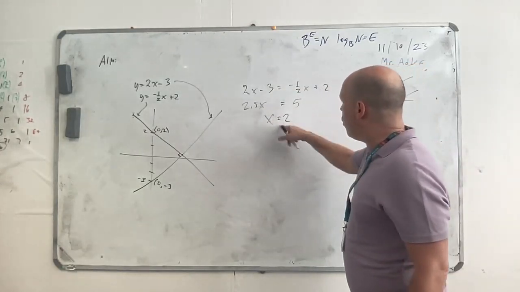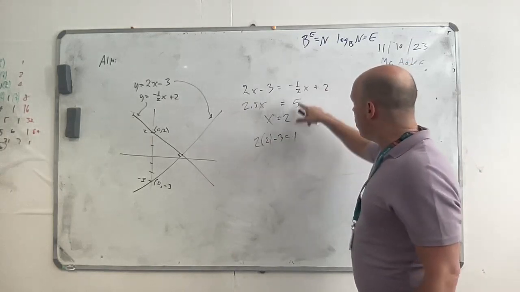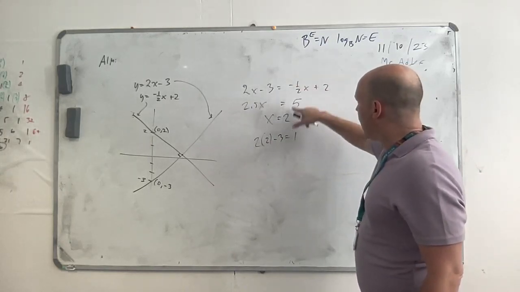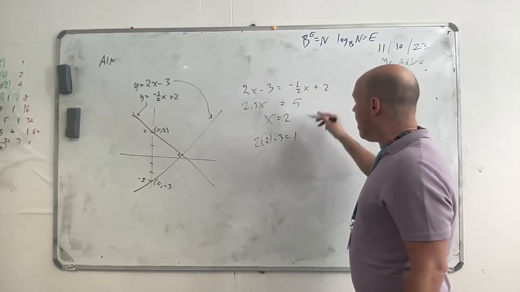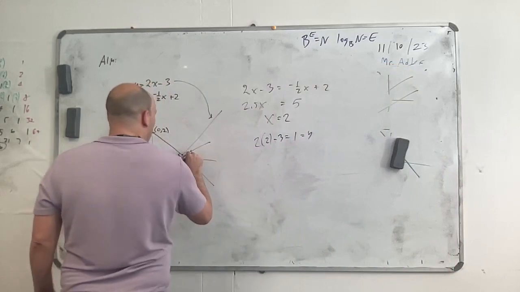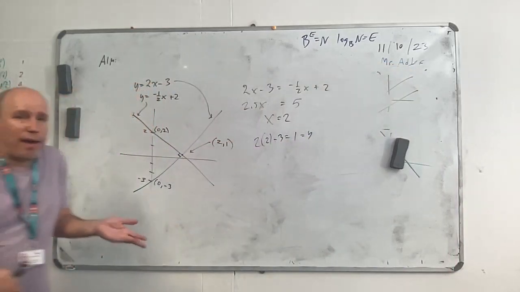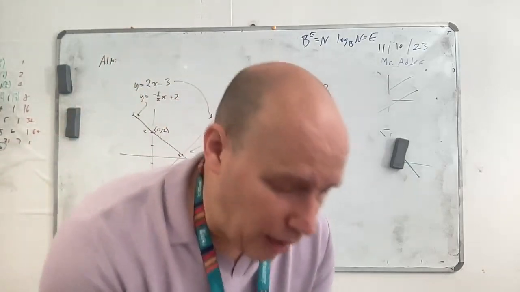If x equals 2, that means 2 times 2 minus 3 equals 1, or negative 1/2 times 2 is negative 1 plus 2 is 1. Nice. So this coordinate here is 2, 1. Well, let's find the lengths of these sides.